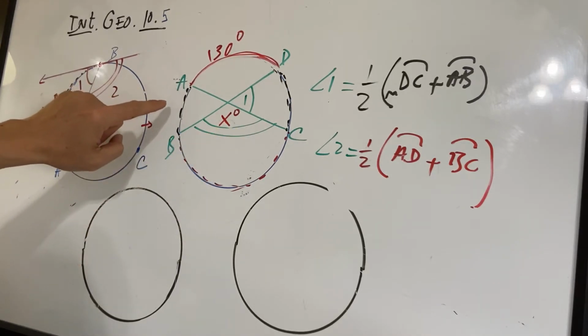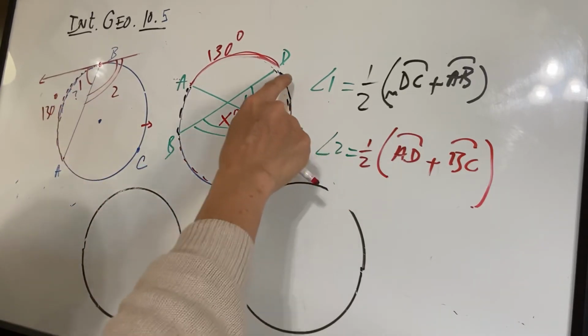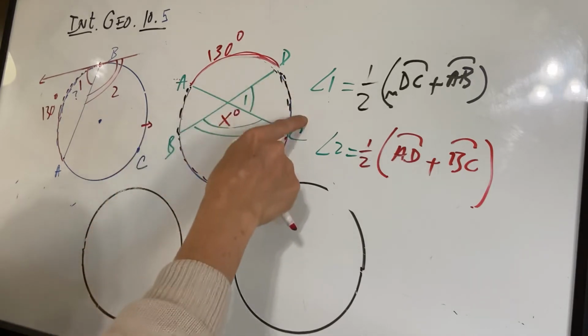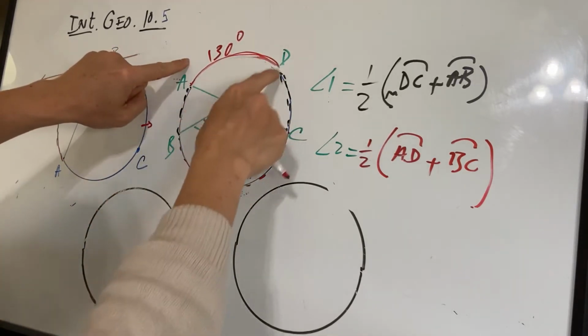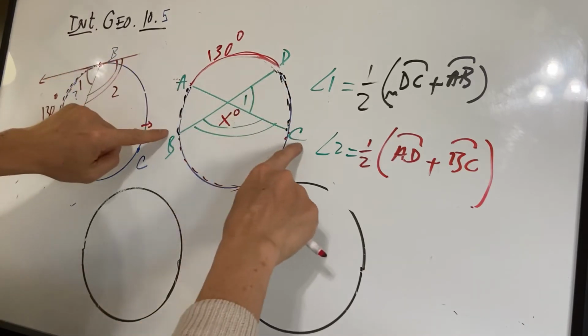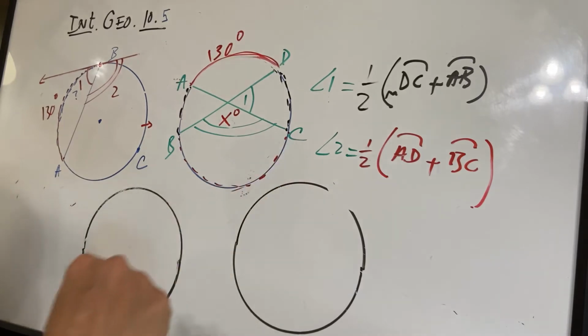I'm just checking to make sure. First of all, angle 1 is measure DC and AB. That's right. Angle 2 is AD and what? BC. Okay, that's correct. Now look over here.